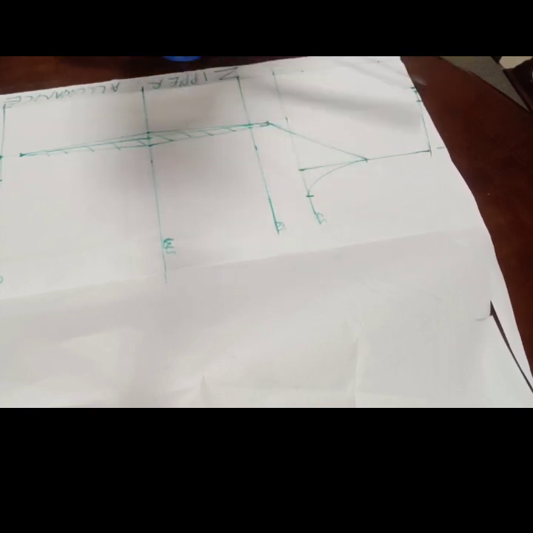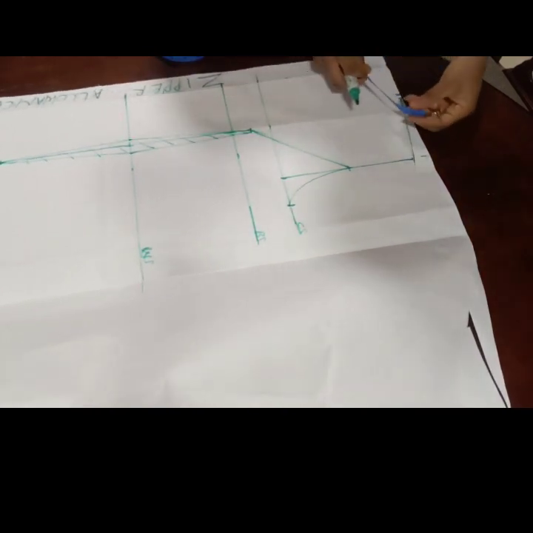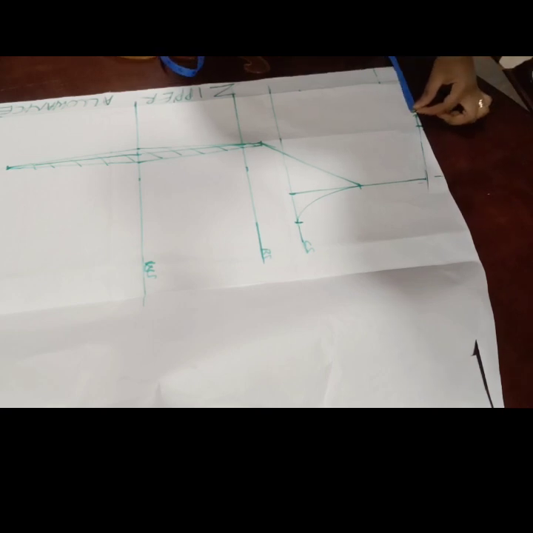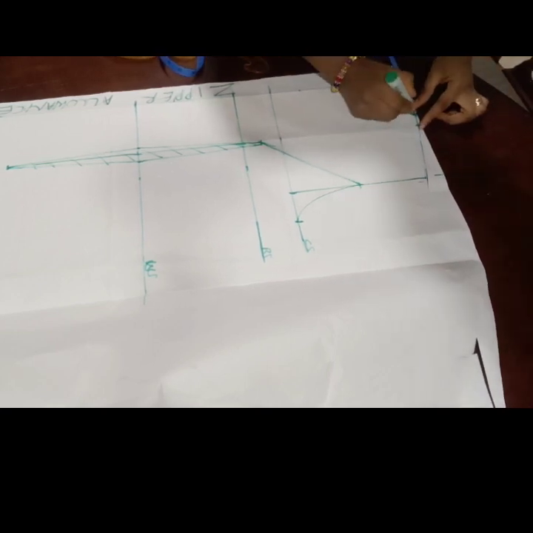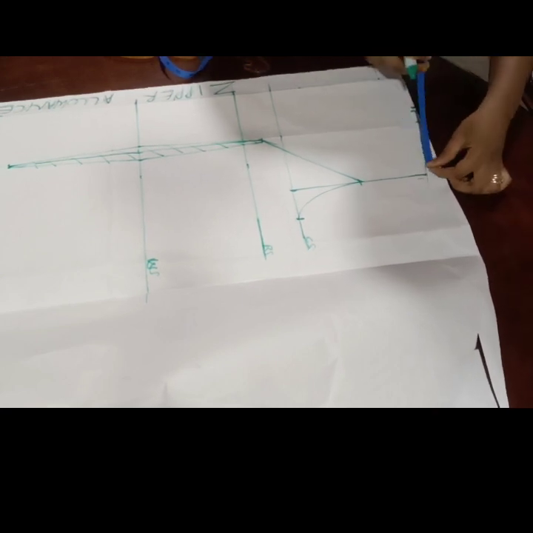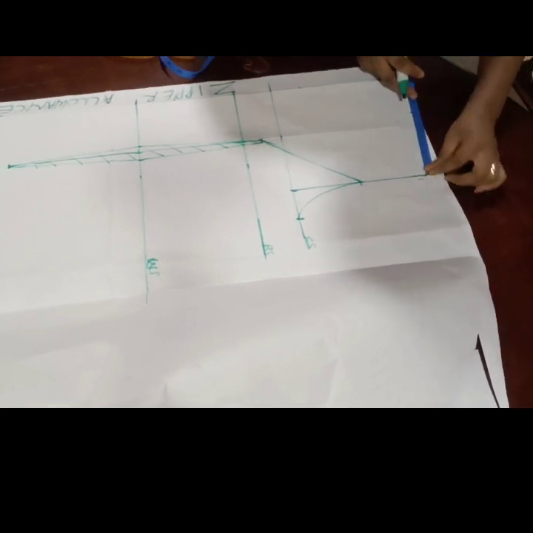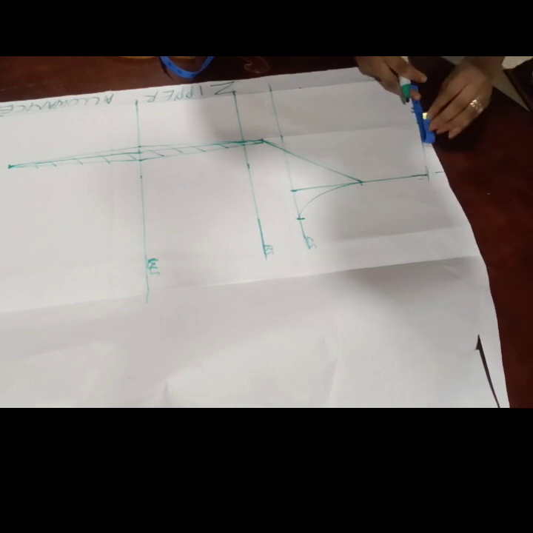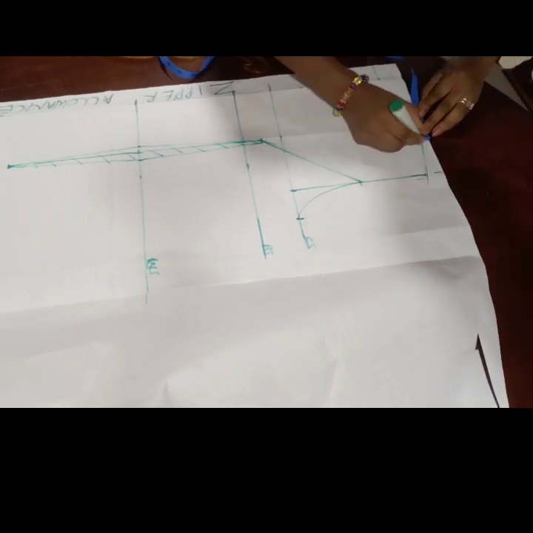If not, if you want it to start from the shoulder, then you come to this shoulder line. Don't forget this one is not there. So you get the midpoint of this shoulder. Right now we have 5 inches, so the midpoint will be 2.5.